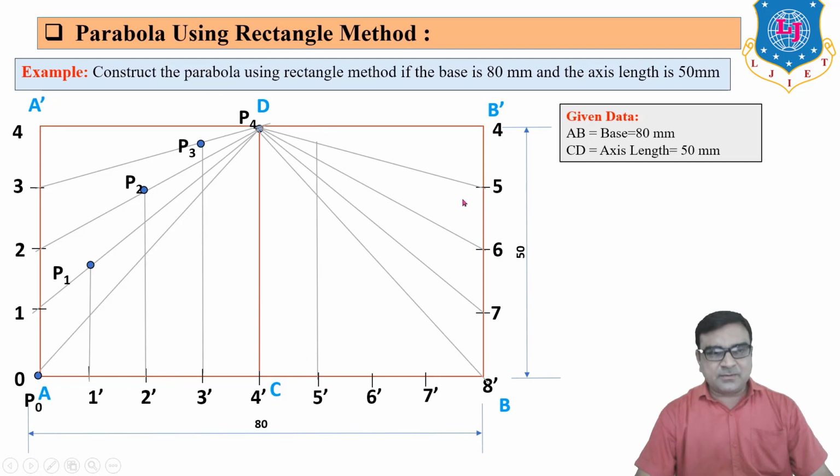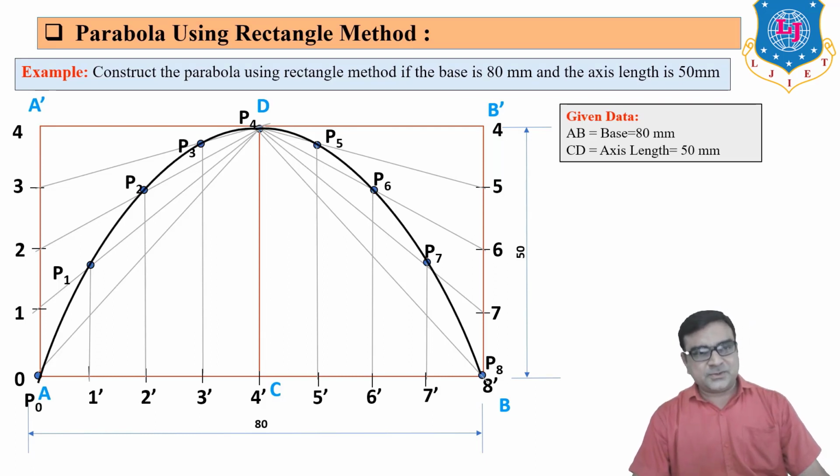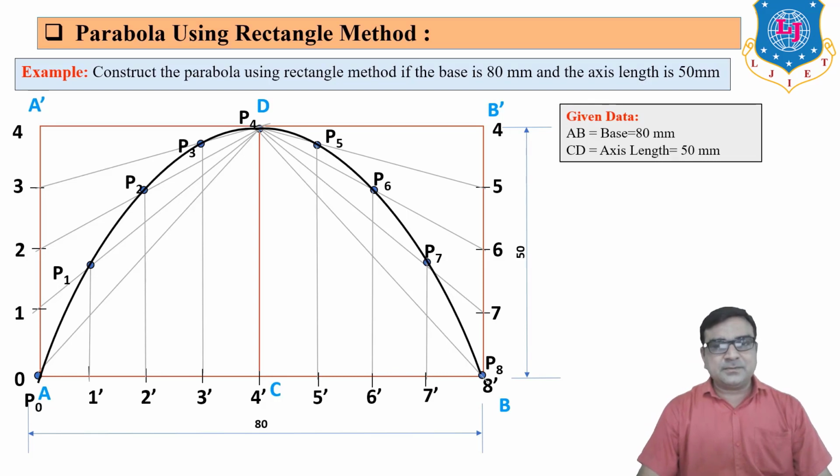Similarly the vertical line from 5 dash and D5 intersect, then 6 dash and D6, 7 dash and D7, and mark the intersection points. So here P0, P1, P2, P3, P4, P5, P6, P7, P8 are the points of the parabola. So we just have to trace out all the points with a freehand curve and complete the parabola. So this is one method, the rectangle method.